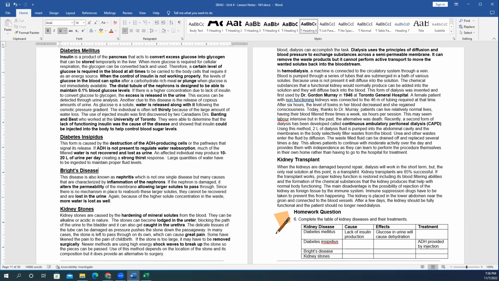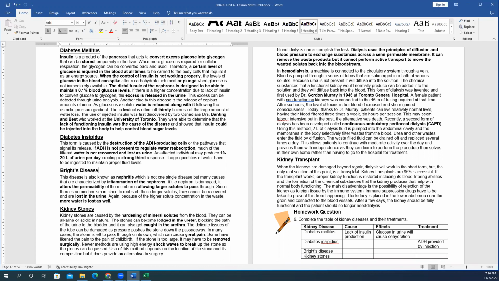This type of dialysis was invented by Dr. Gordon Murray back in the 1940s at Toronto General Hospital here. It used to be called Toronto General Hospital. There was a female patient at that point with a non-functioning kidney, and they connected her to the 46 meters of tubing that was required at that time.